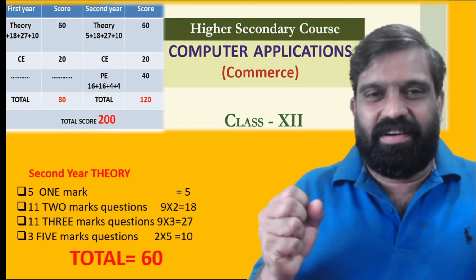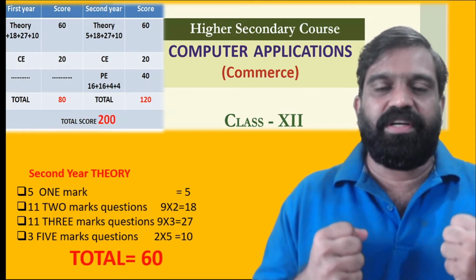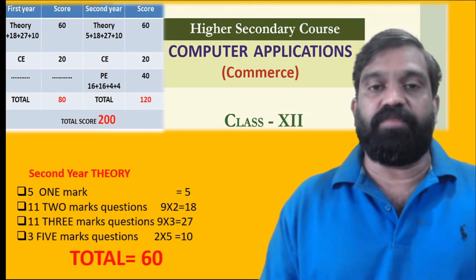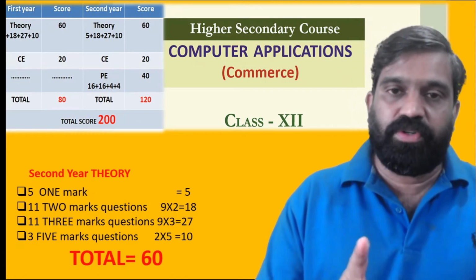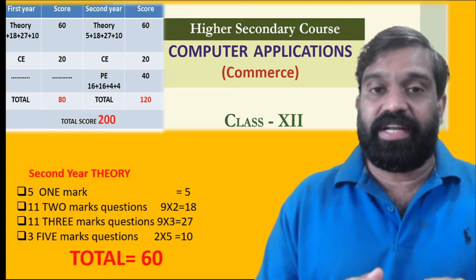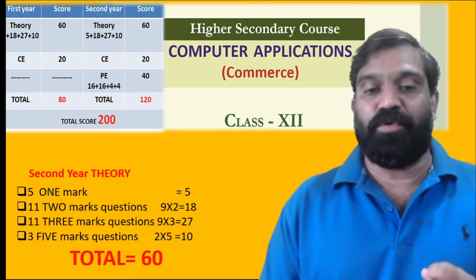For that, hard work is required. So in the coming days you can devote time to the preparation of computer application. If you prepare well now, you can enjoy later after getting good marks in computer application.